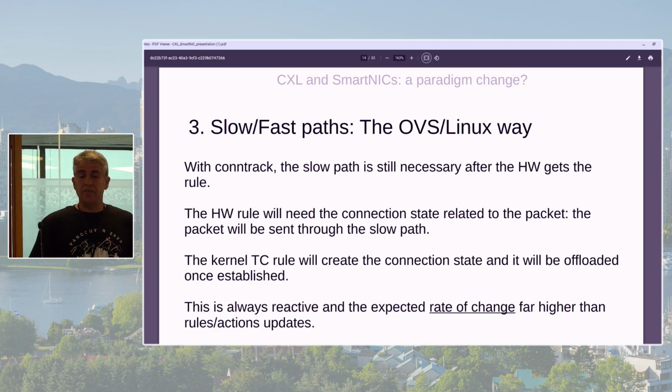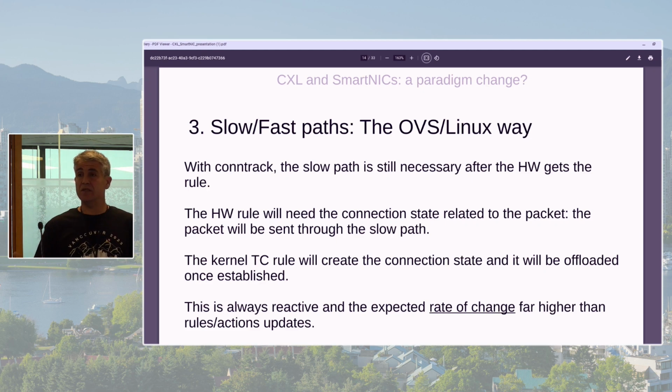So again, rate of change. If you think about applying rules for the matching actions, that can be demanding. How many rules do you think that a VM requires? I don't know, but we have seen a high number of them because it depends on traffic, and sometimes it depends on things like the TTL of the IP. So the match will depend on the TTL. And so you can have an explosion of rules per VM.